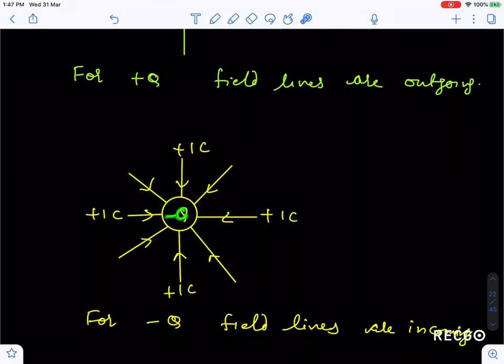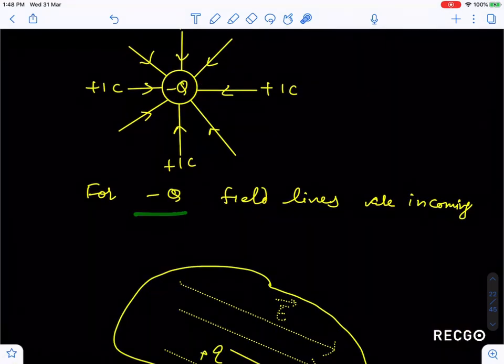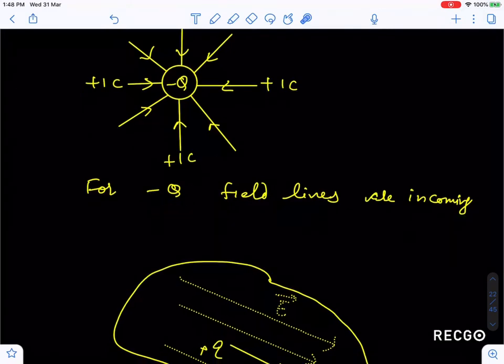For negative charge, I have to put 1 coulomb throughout its surrounding guys. So this is exerting force in the direction of this Q, because two opposite nature charges attract each other, so it will attract. So you will see that electric field direction is inwards. So I have written for minus Q charge, field lines are incoming.